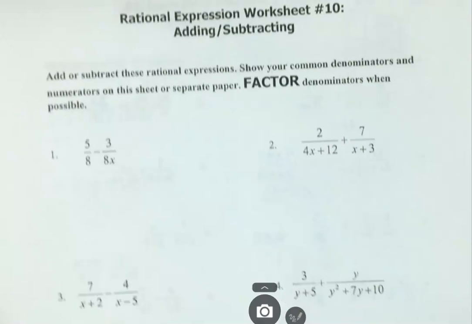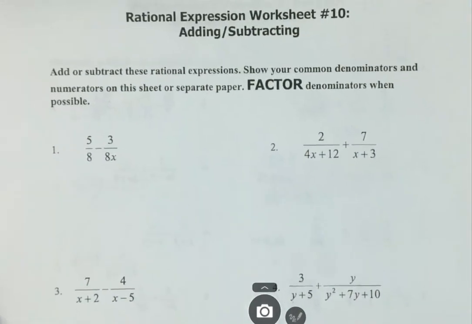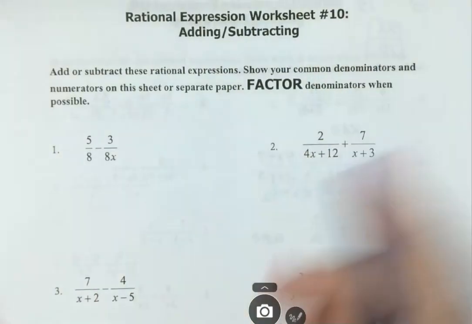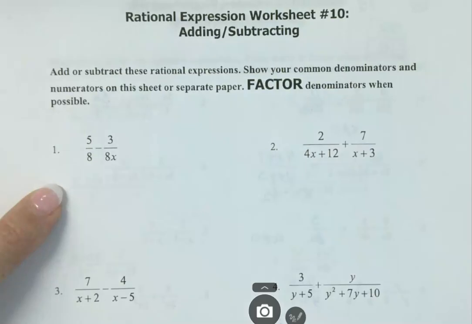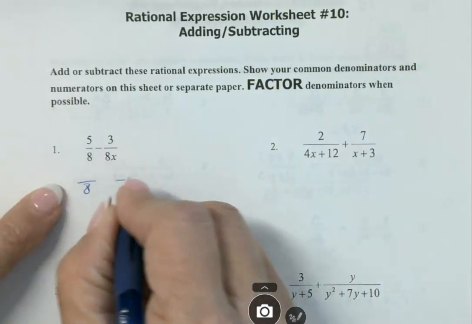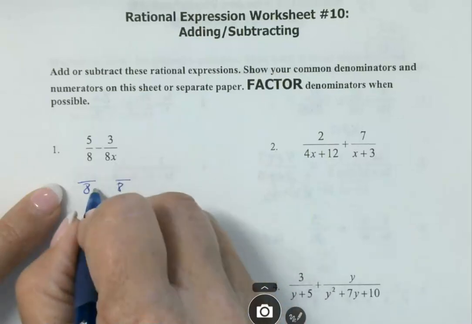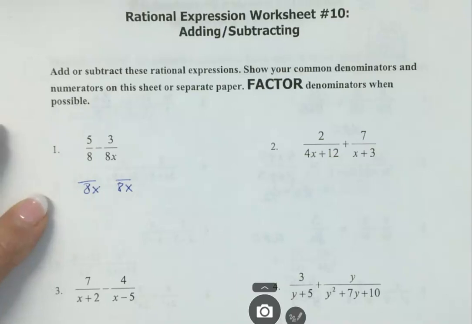So now let's look at when the denominators are not the same. So I need to make them the same. In this case, I'm going to need an 8, and I also need an x. So what you need, guys, is one of each of the factors.